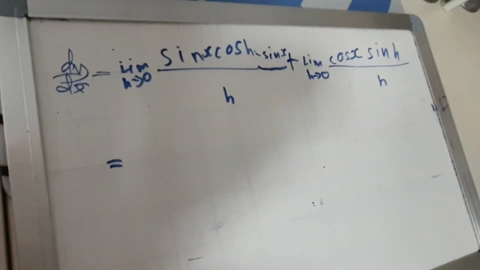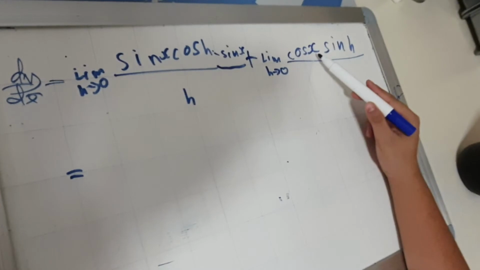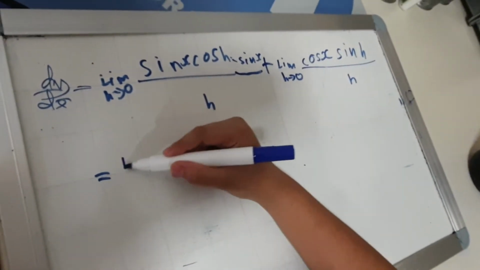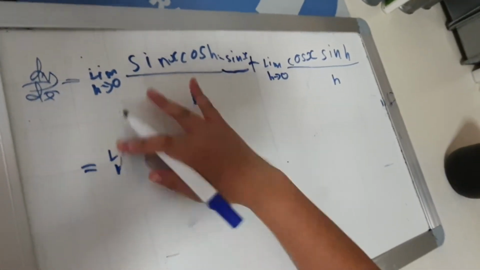And then what, Professor? This part I usually kind of forget. Here you have to factor out the sine, and you factor out the cos. Ah, I just forgot.